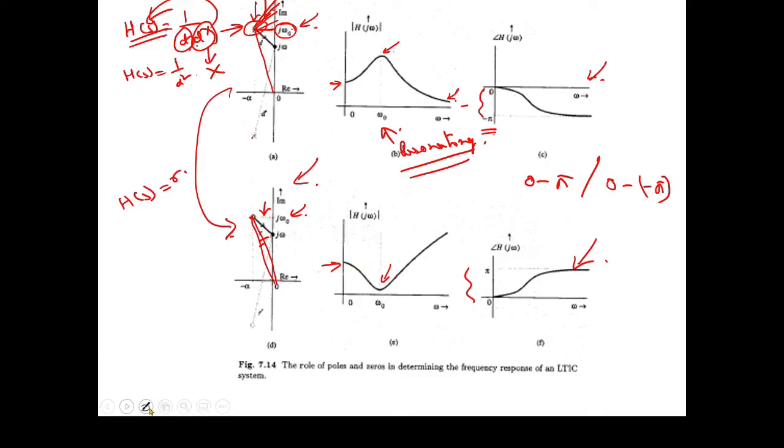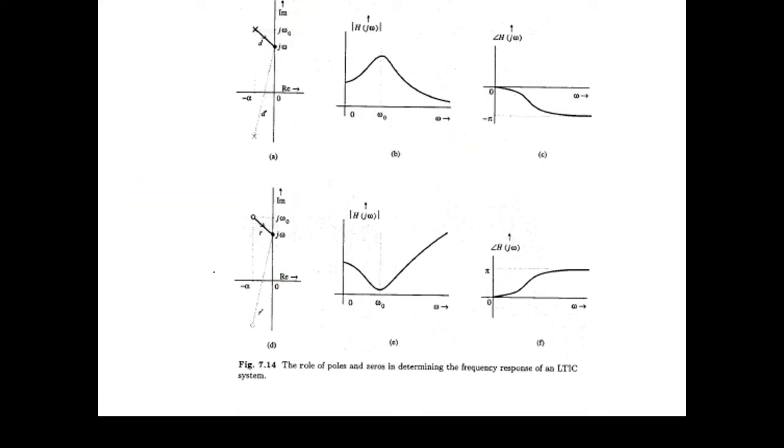Now suppose in both the cases, what happens if I place these poles along the line of the j omega axis? What I mean to say is, suppose I place a pole over here, and over here, say A, B, C. So what change will you be expecting?